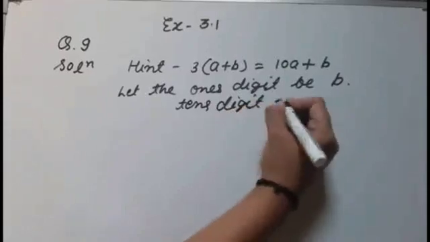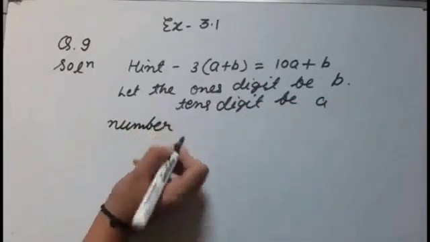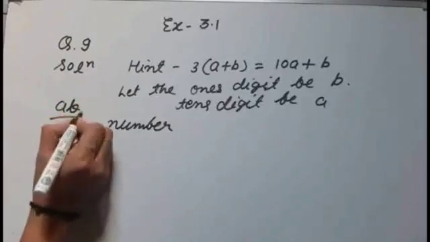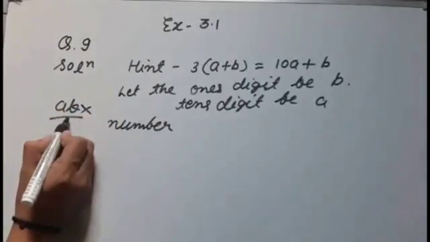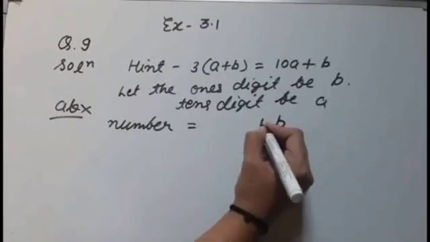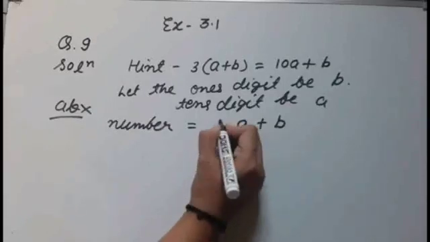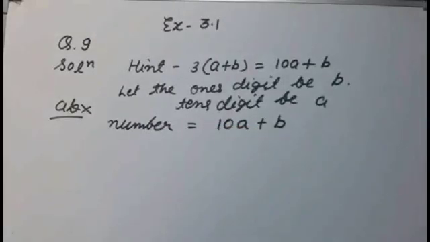tens digit be A. So the number is, we can't write it simply AB. It looks like the multiplication of the digits. So the number has ones digit B and tens digit A, and it is on the place of tens. So we have to write here 10A.